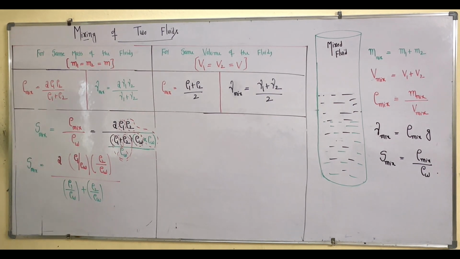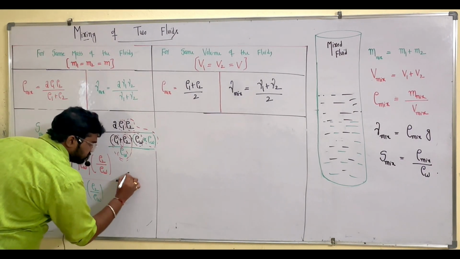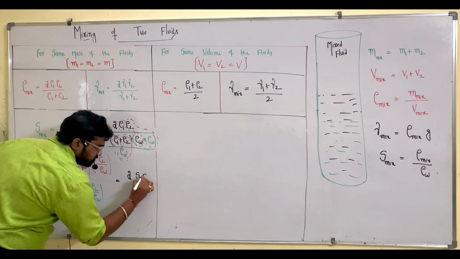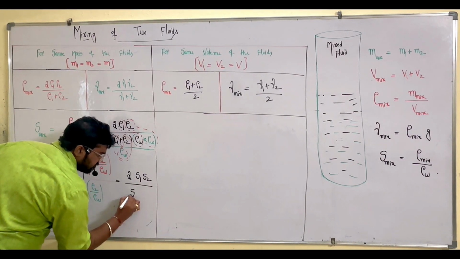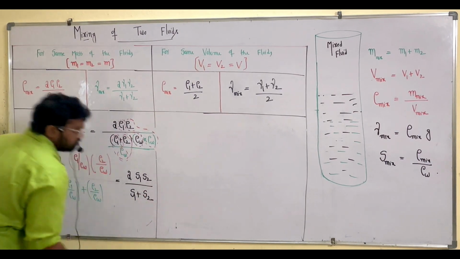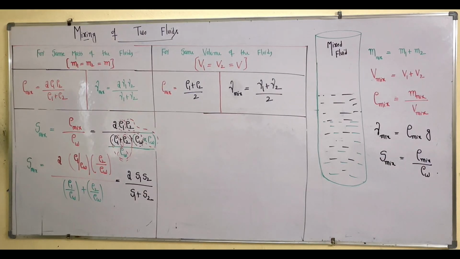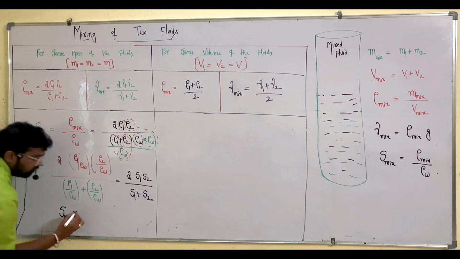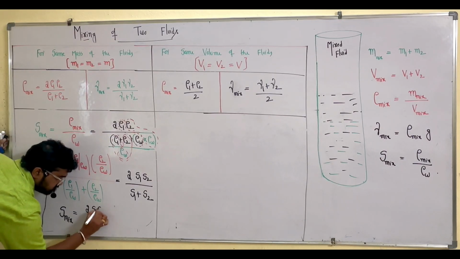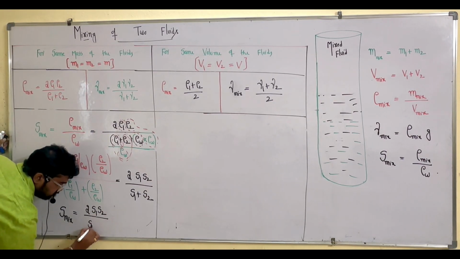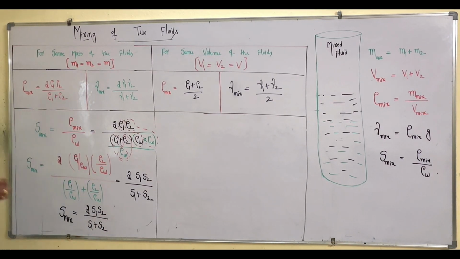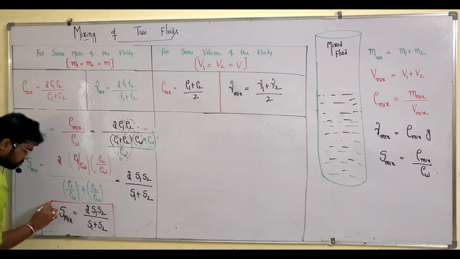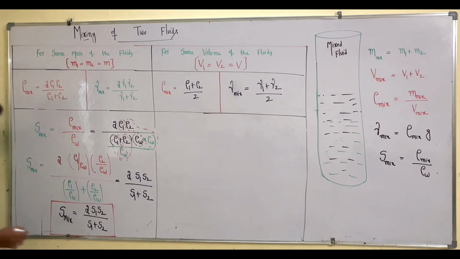Finally, what you are getting? 2 times of S1 S2 by S1 plus S2. S mixture equal to 2 times of S1 S2 by S1 plus S2.